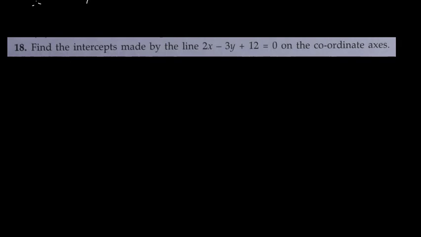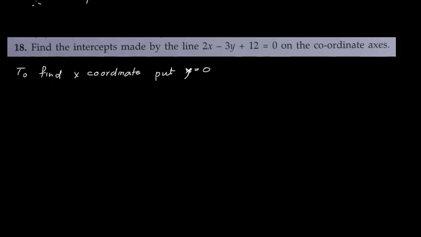Now in this next problem we have to find the intercept made by this line on the coordinate axes. So our concept is: to find the x coordinate, put y equal to 0.